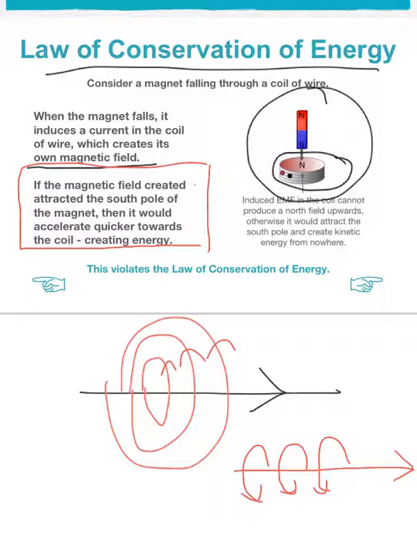If the magnetic field created here was so that it attracted the South Pole, so imagine that the coil here was generating a magnet which was attracting this magnet, so imagine that this was north, and it was pulling this magnet further in, then it would accelerate quicker. You would end up creating energy. What? Hang on, let's have a think about that.